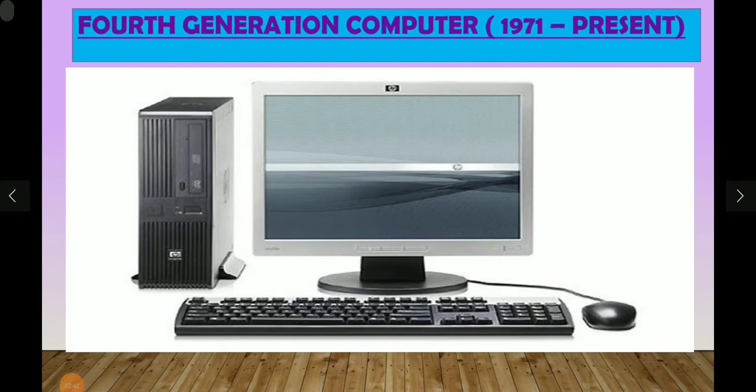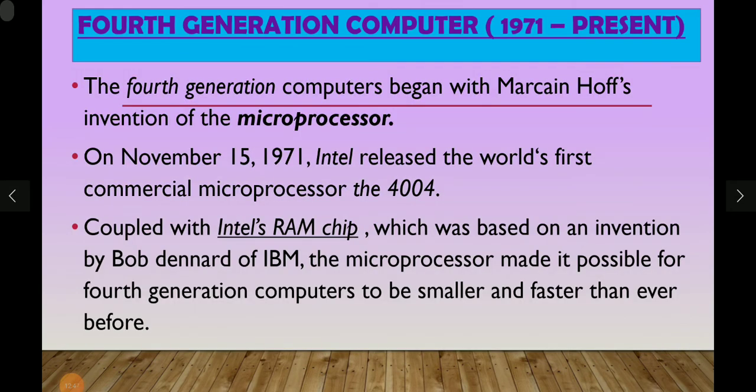See, this is our fourth generation computer coupled with Intel's RAM chip. What is RAM, students? That is random access memory, which was based on the invention by Bob Dennard of IBM, and the microprocessor made it possible for fourth generation computers to be smaller and faster than ever before.